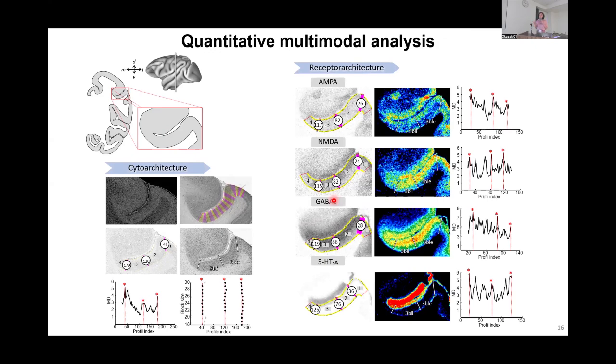And it is quantitative because we used a method developed in the lab which enables quantification of cytoarchitectonic differences and also differences in receptor architecture, and a statistical validation of the position of the borders. If anybody is interested in the details of the method, I'm more than happy to explain it later on.